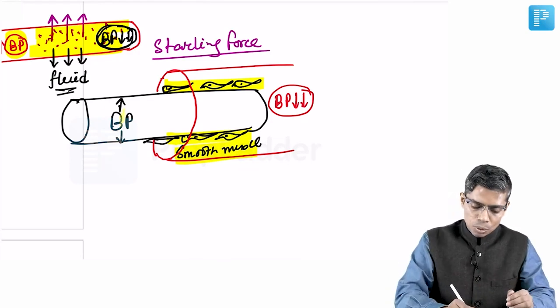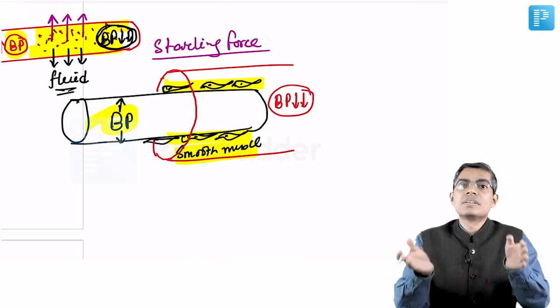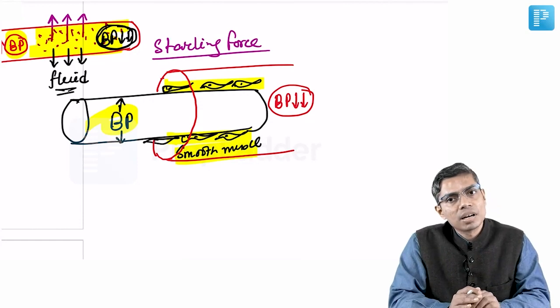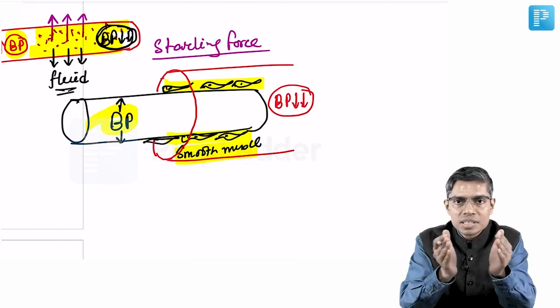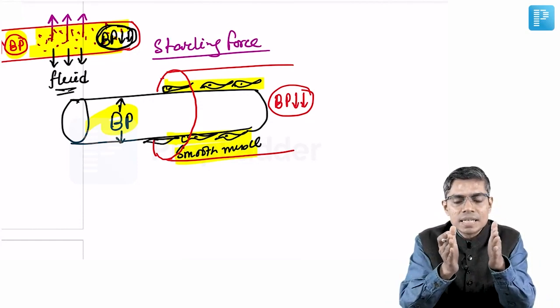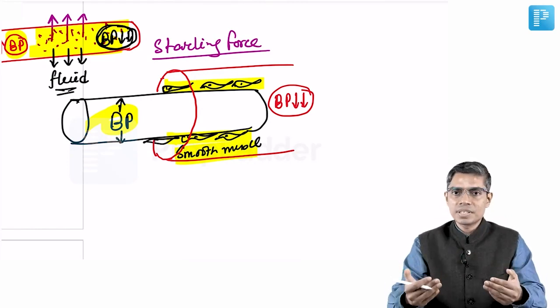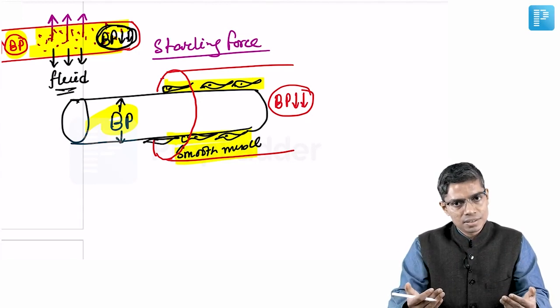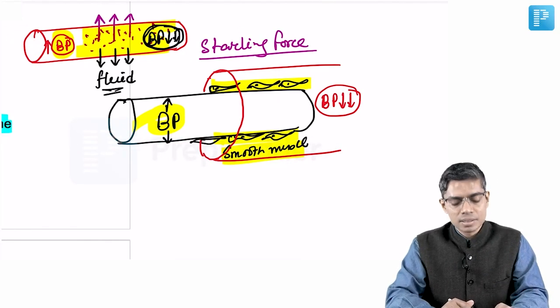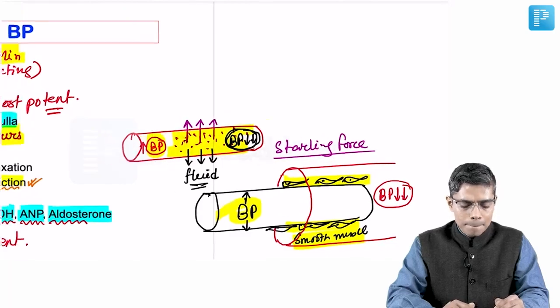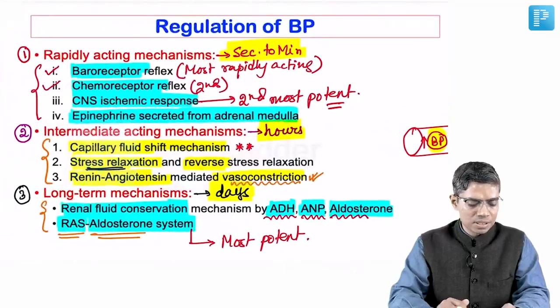And if the blood pressure is low here, the reverse stress relaxation will occur, meaning the smooth muscle will constrict a little bit, causing a decrease in the diameter of the vessel wall. That is known as reverse stress relaxation, right? So these two mechanisms are important for your questions, but I have not seen many MCQs from this area.